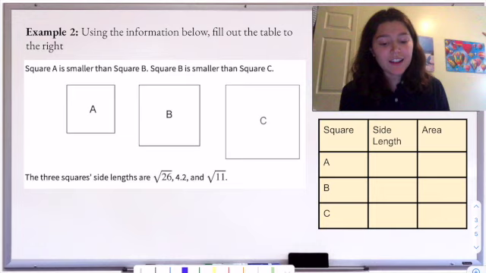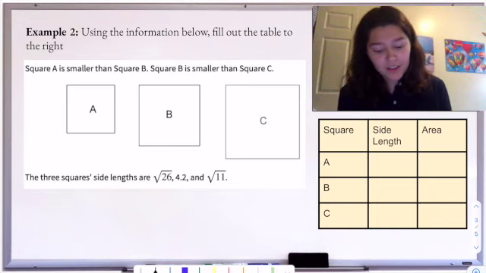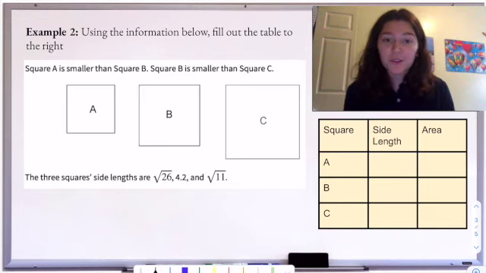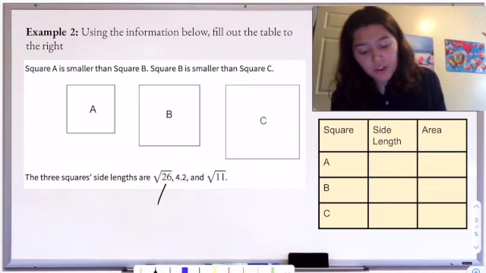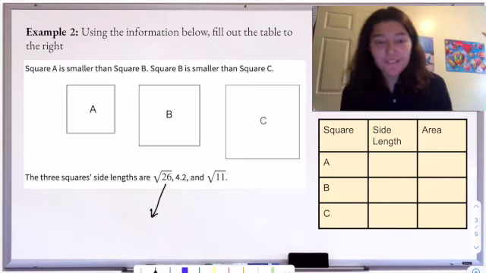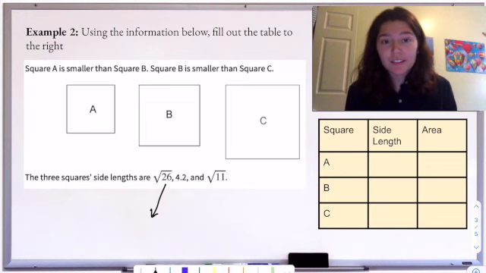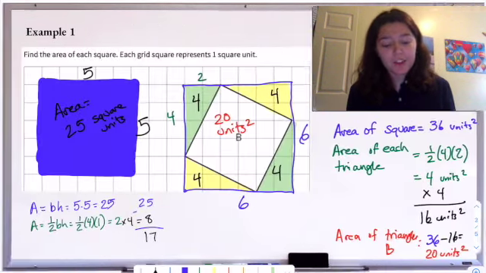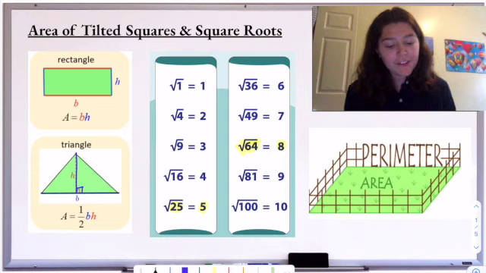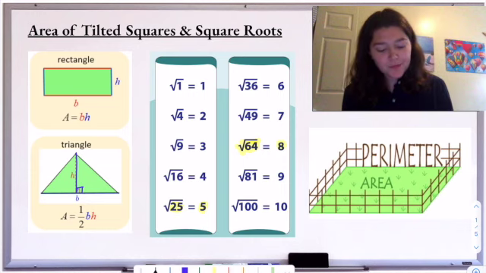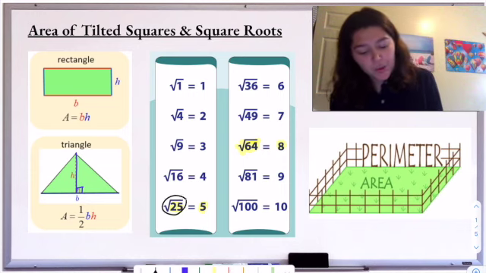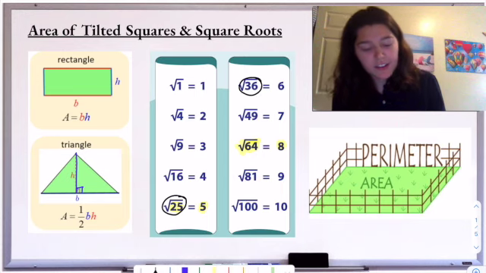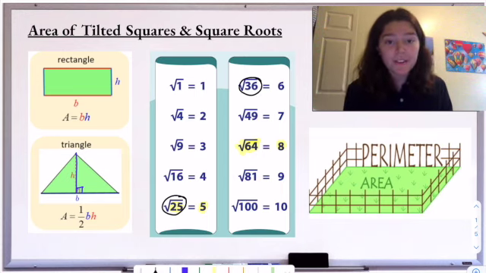We're given the side lengths, we just don't know which they match with. But we have the square root of 26, then we have 4.2, and then we have the square root of 11. Okay, so we don't know what the value of the square root of 26 is. 26 is not a perfect square. But if I go back here and I look at 25 and 36, those are both perfect squares.